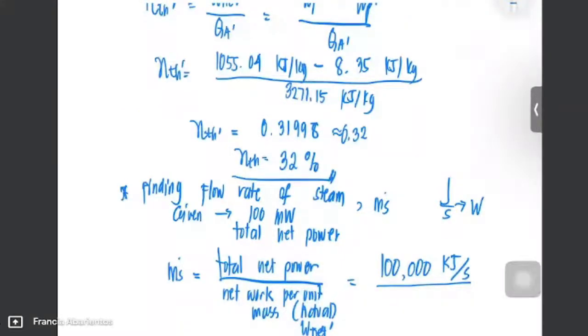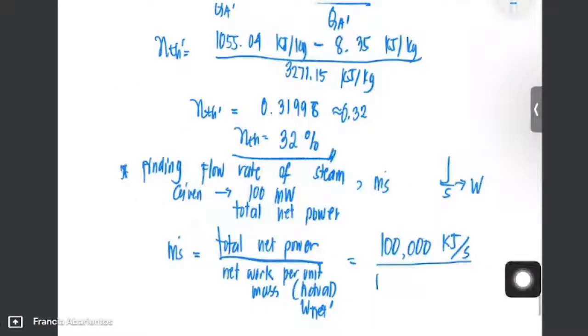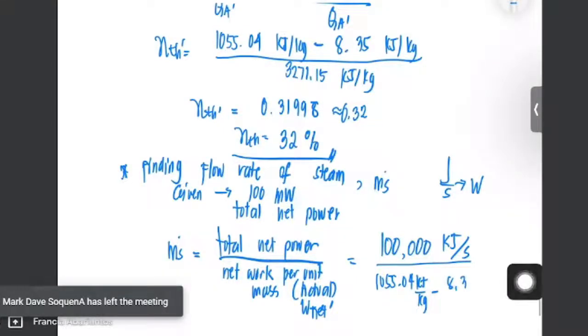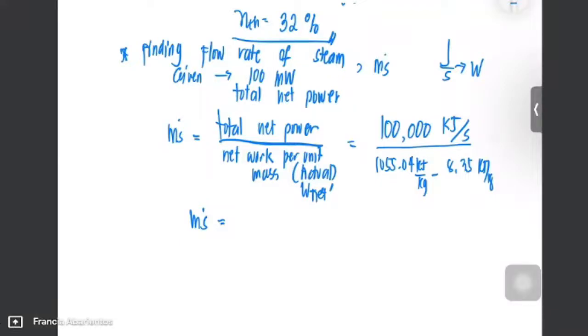Okay, hanapin nyo kasi yung work net natin. What is the work net? Kilojoule per second over. Yan yung work net natin, 1046.69. Okay.